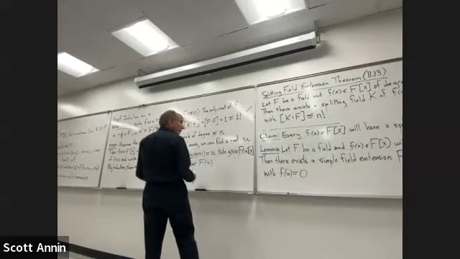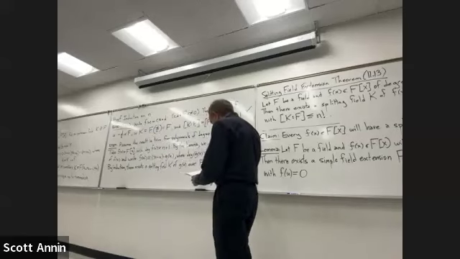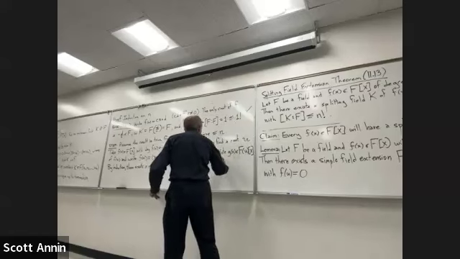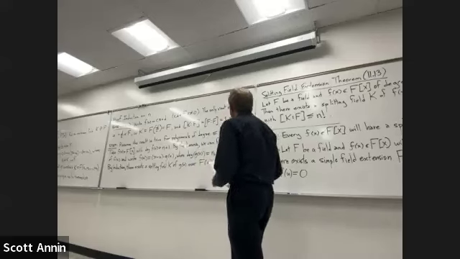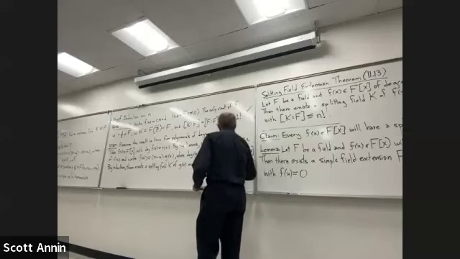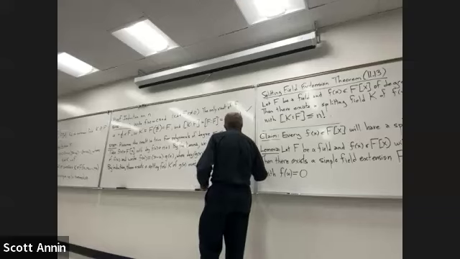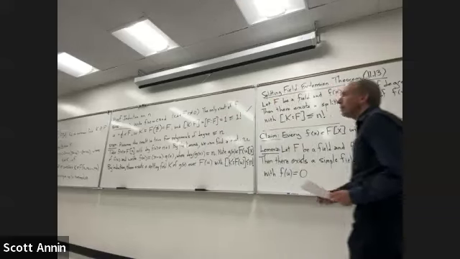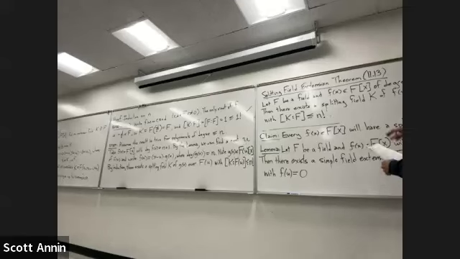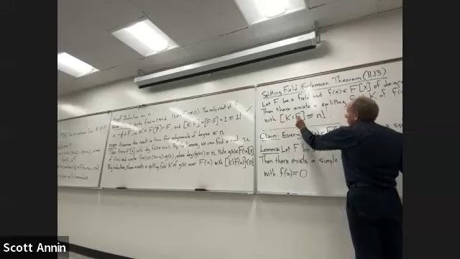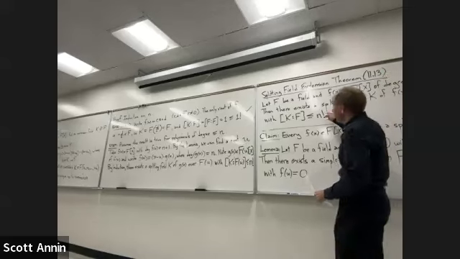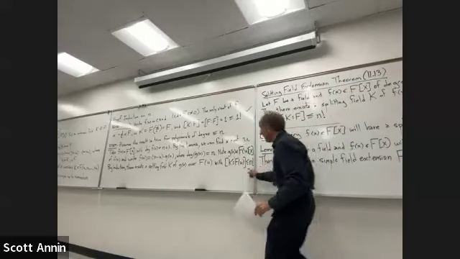So we have a splitting field for g(x) with the degree of K over F(u) less than or equal to n factorial. So that's the induction assumption here. K is my splitting field over F(u), and by assumption, we have a polynomial of degree n, so this becomes n factorial right here.